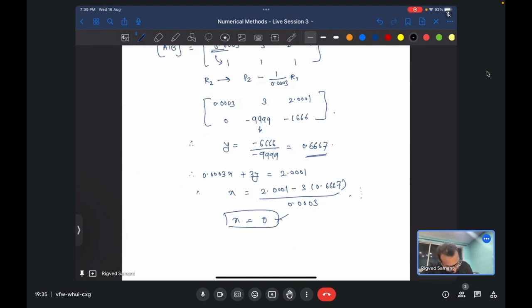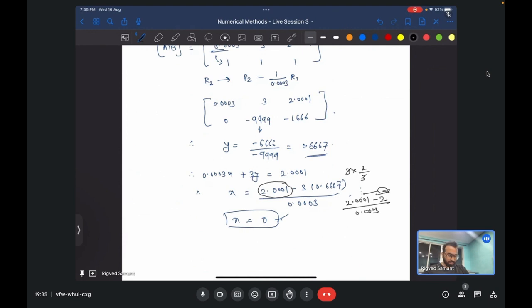If you see this value 2.0001 and 3 into 0.67, which is 2 by 3, so 3 into that is 2. So it's basically 2.0001 minus 2, and 0.0003, so the values are cancelling each other out here.